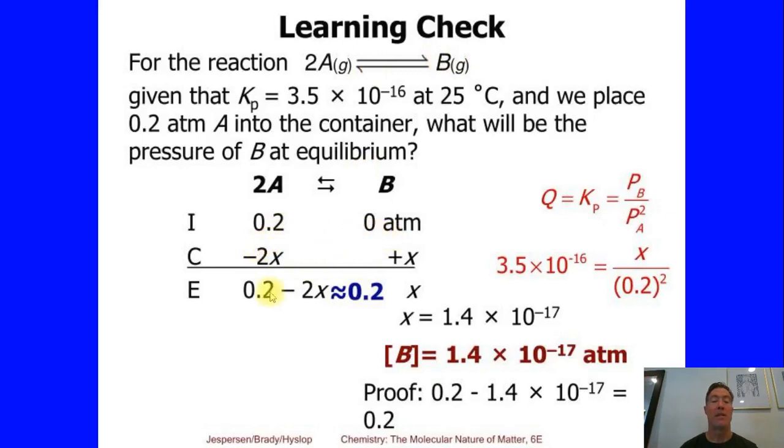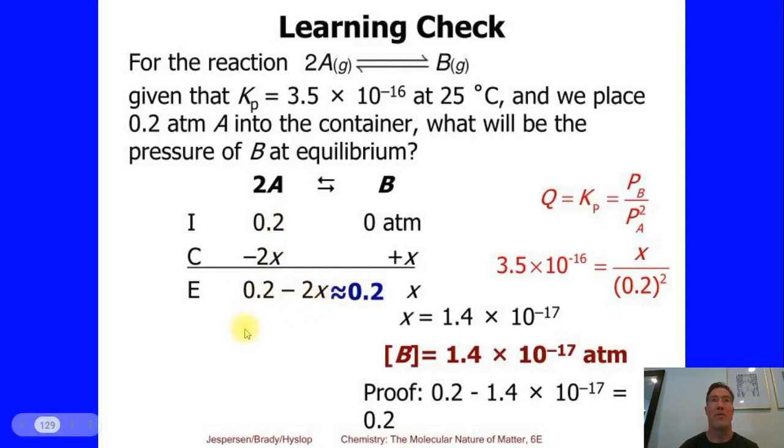2A goes to B. We know that we're starting with 0.2 atmospheres. Our K value, look at this, is super, super tiny, which means the amount of this that's going to change is essentially 0. So when we subtract this super tiny number from 0.2, it's going to remain essentially 0.2.